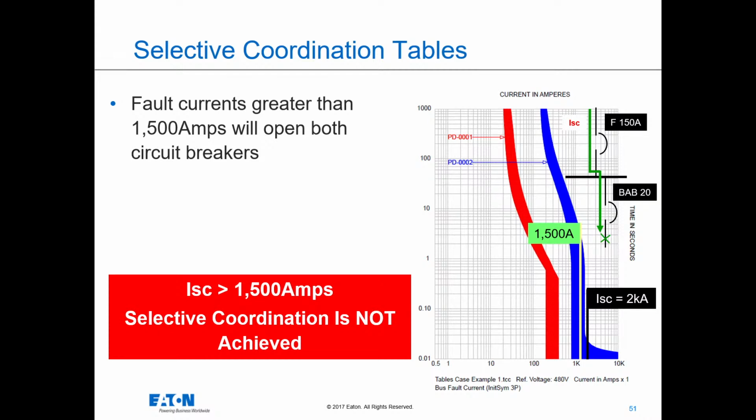I know that for a fact. So the key thing to remember when you're looking at selective coordination is, if you have two curves that don't cross all the way down to 0.01 seconds, don't mistake that to think that for very high fault currents they will selectively coordinate.